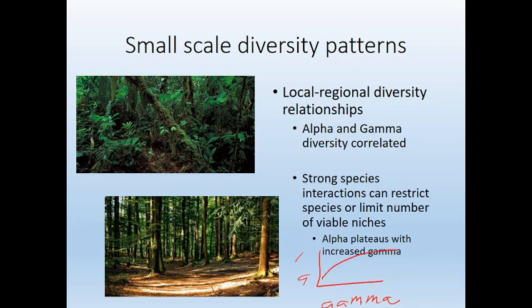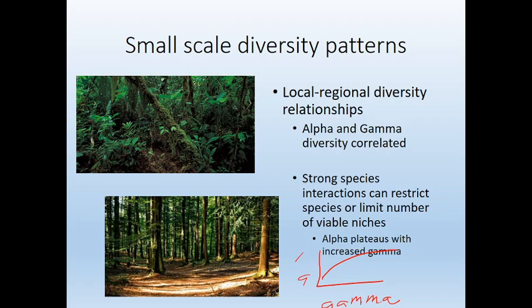Now, what's happening here is that when you get a lot of species in one area, you can have interactions, the predation, competition, really limiting the number of species that can live in some place because they limit the number of niches.